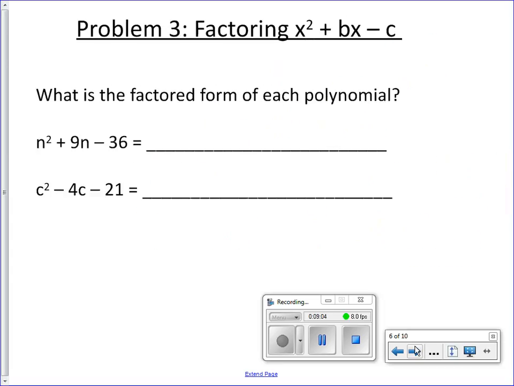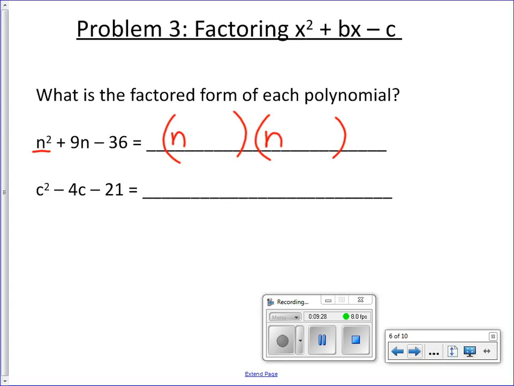All right, problem 3, factoring n squared plus bn minus c. Let's draw our parentheses. We know from our first term in the trinomial that the first term in each binomial is going to have to be an n, so that when we multiply them together, we get the n squared.